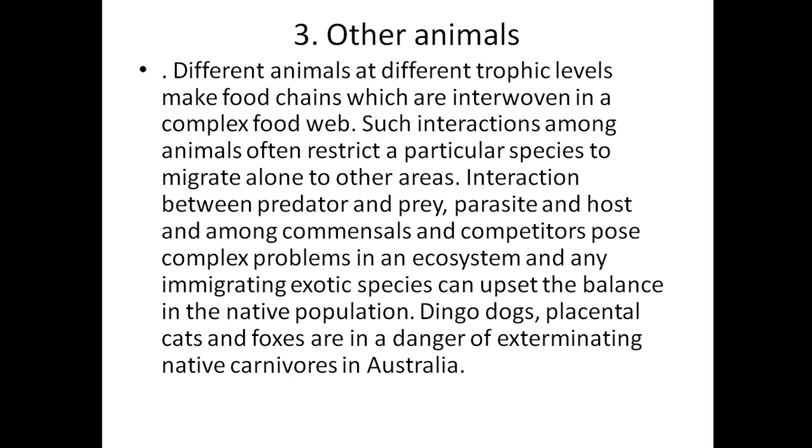Then the third important thing is, like vegetation, other animals, because all these animals are held in the food web by means of prey and predator relationship, even parasitic relationship.